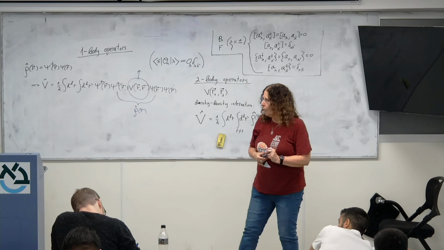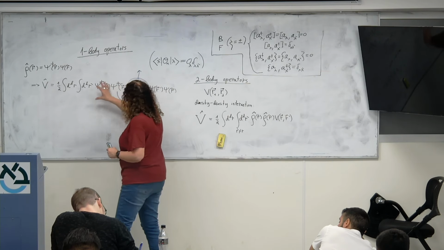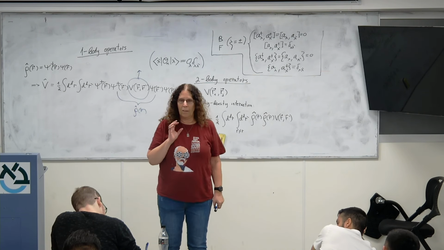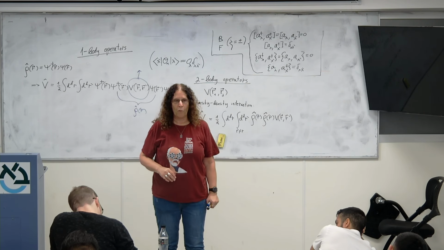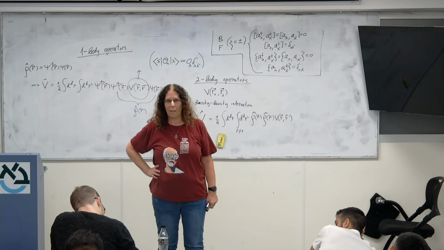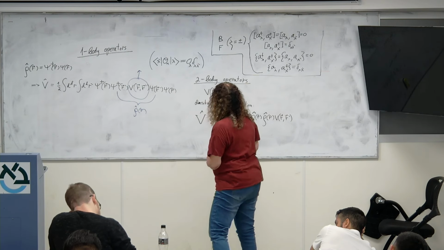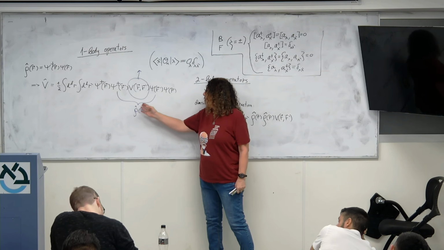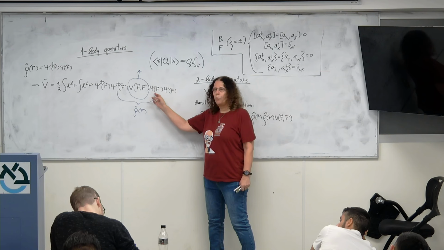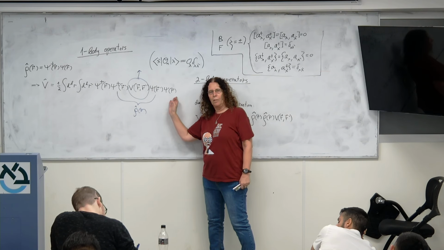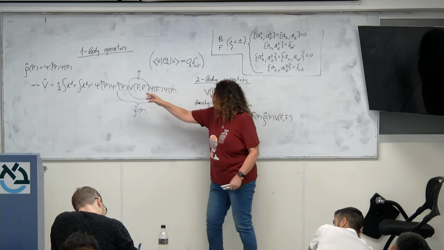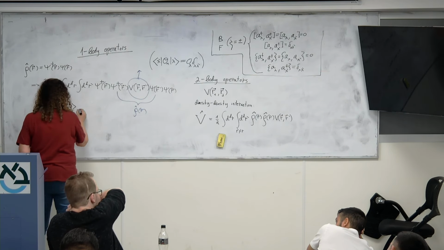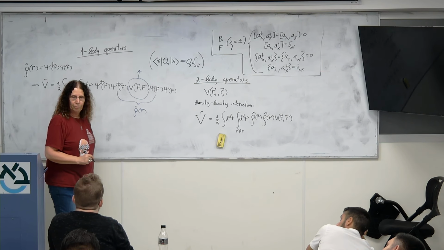In other words, we want to extract from the interaction only the part that has no vacuum expectation value. How do I know that it doesn't have a value? It doesn't have a vacuum expectation value because I have two annihilation operators on the right. So this V, the way I wrote it, if I apply it on the vacuum, I get 0.